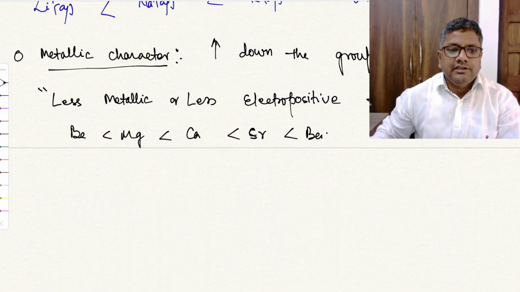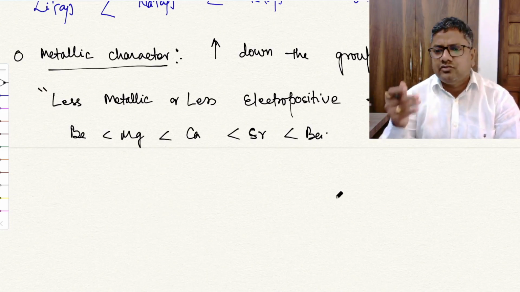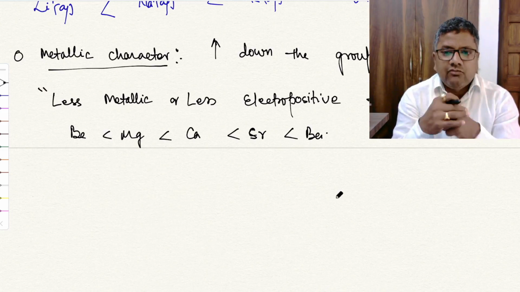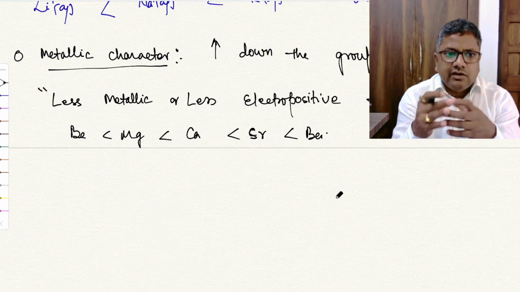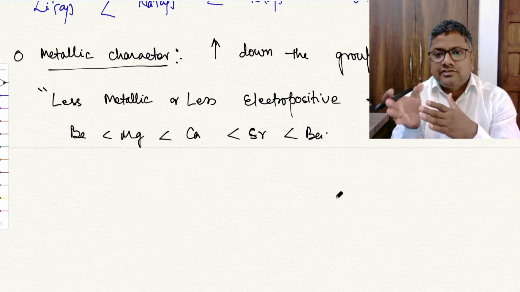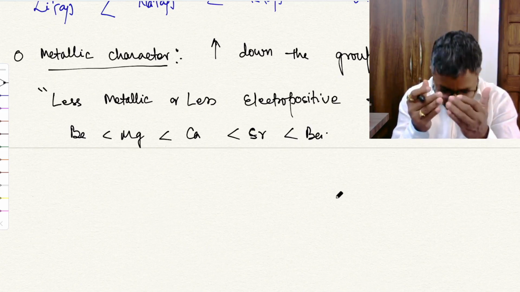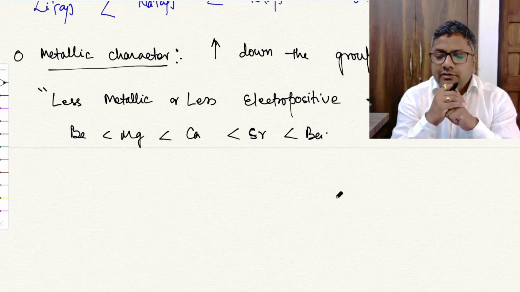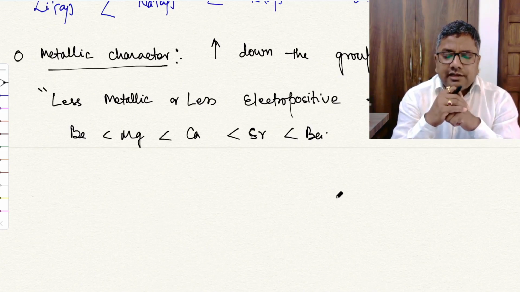Now the next property we can take is the photoelectric effect. All of you know that in the photoelectric effect, the work function is very important. The work function for second group metals is more than for group 1 metals, right?